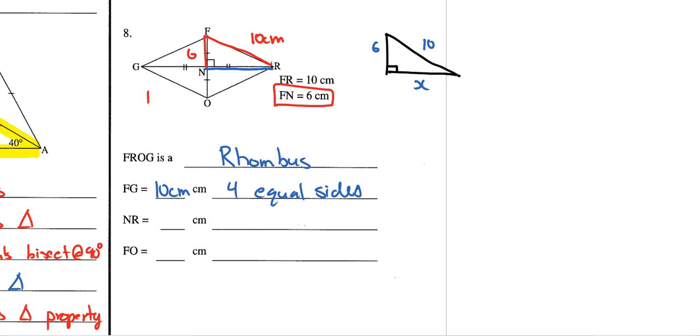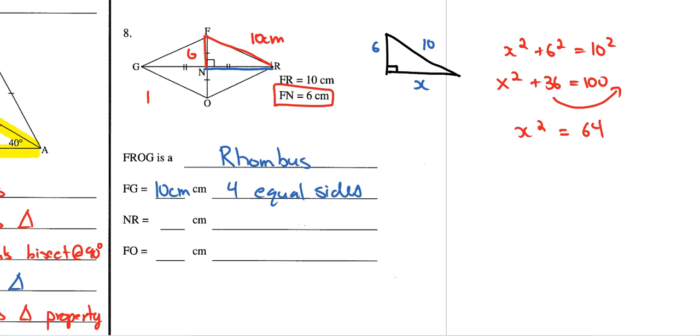So if you apply the Pythagorean theorem here, this is going to be x squared plus 6 squared equals 10 squared. This is going to be x squared plus 36 equals 100. You bring the 36 over, so x squared equals 100 minus 36, which is 64. And that means if you take the square root of each side, x has to be 8.